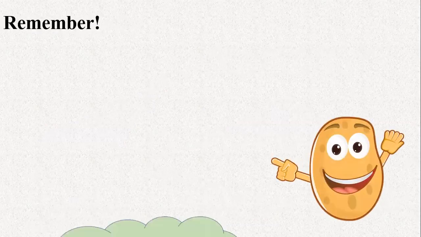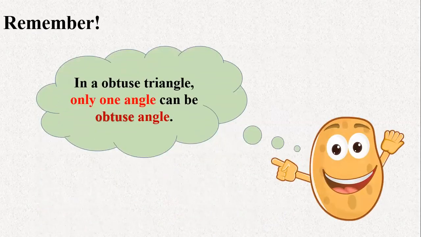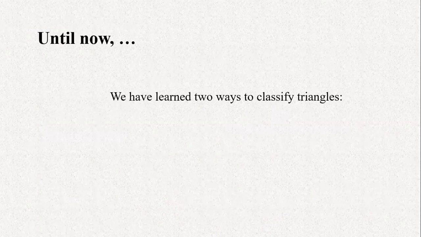And again, remember, in an obtuse triangle, only one angle can be an obtuse angle. Like in a right triangle, we say the same note for a right triangle, right? Okay. Until now, we have learned two ways to classify triangles, right?